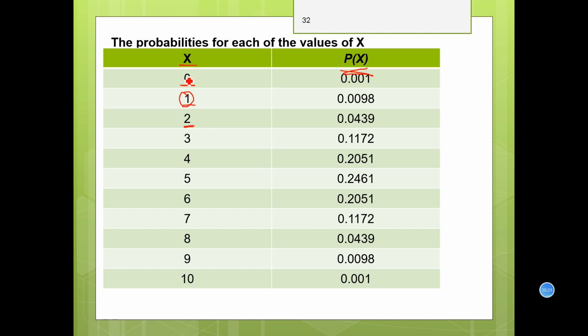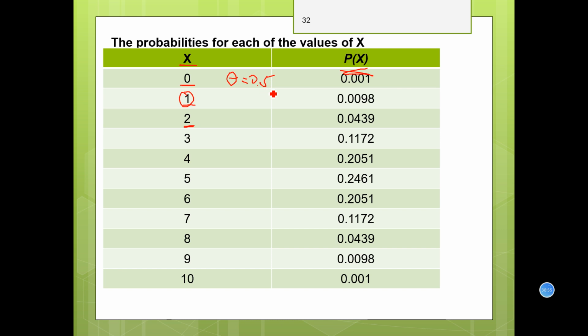So x equals 0, that means in 10 tosses we had 10 tails. So let's think about the probability for a tail in 1 toss. We said that theta is the probability for a head in 1 toss, and it equals 0.5.